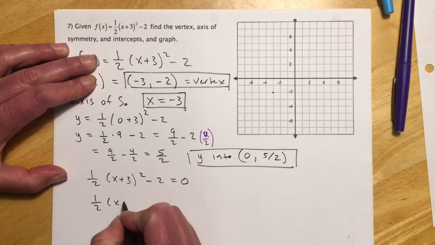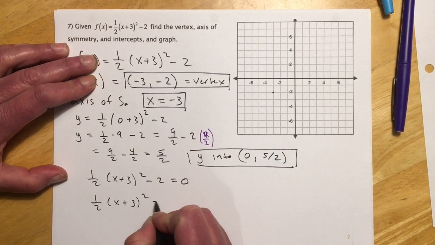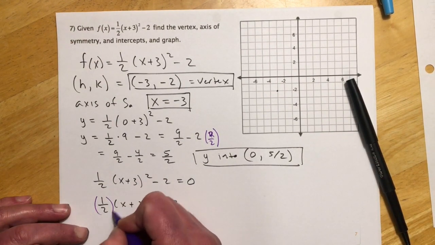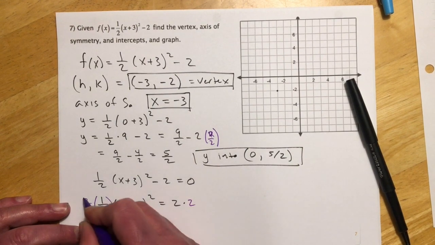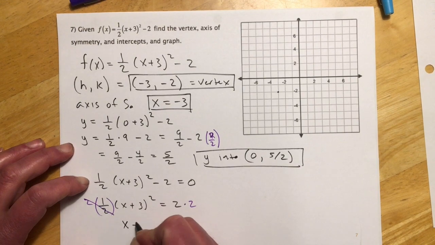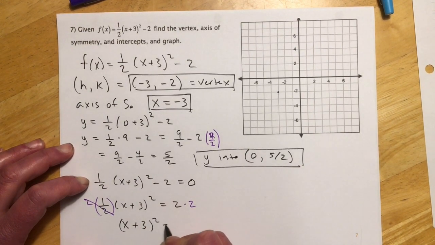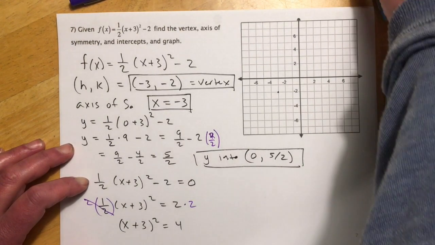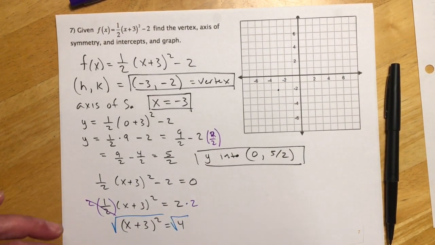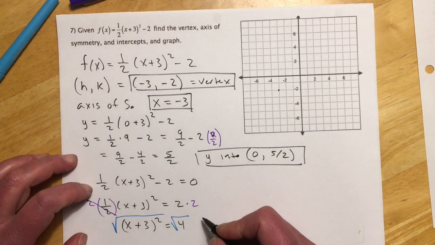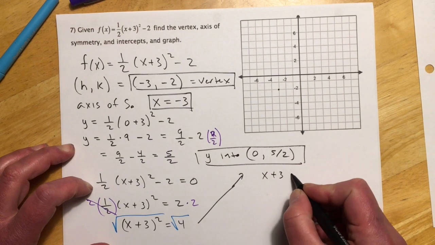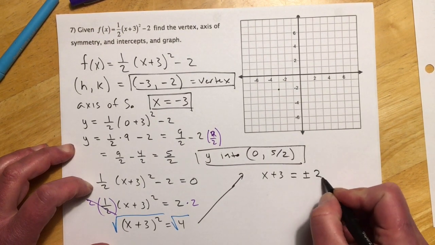And then next I'm going to clear this fraction, so I'll multiply both sides by 2. And I get (x plus 3) quantity squared equals 4. And then I will root both sides. So that's going to give me x plus 3 equals plus or minus 2.